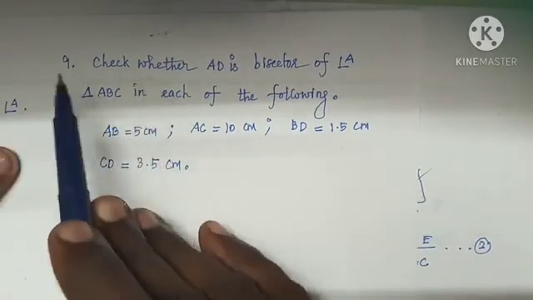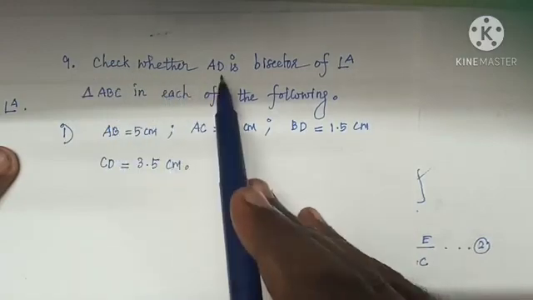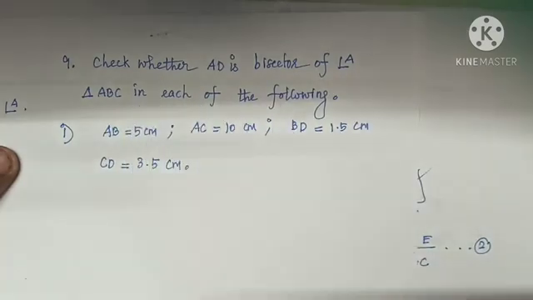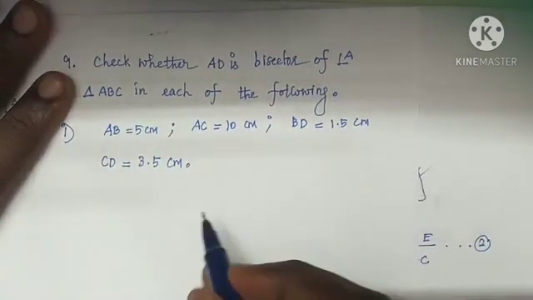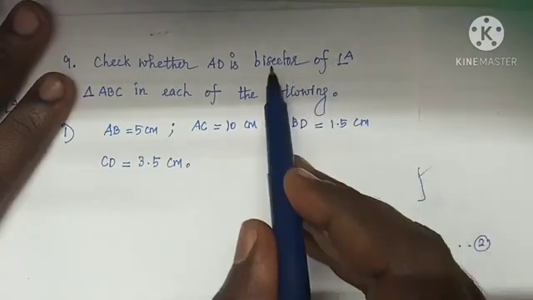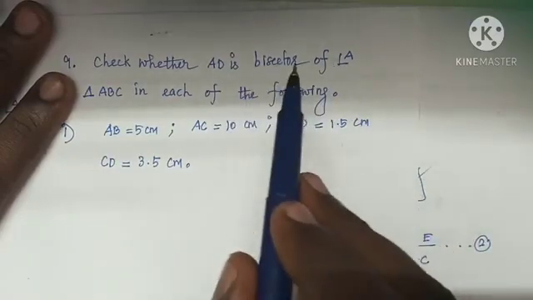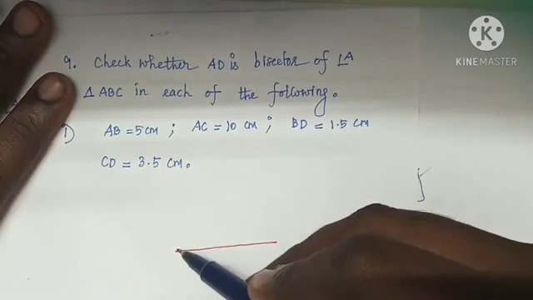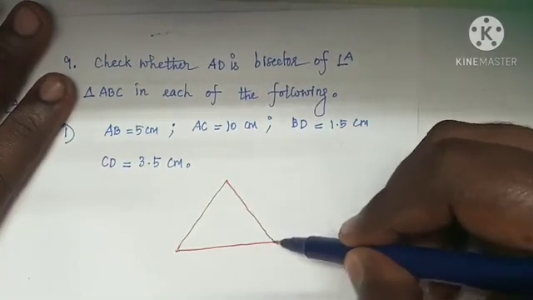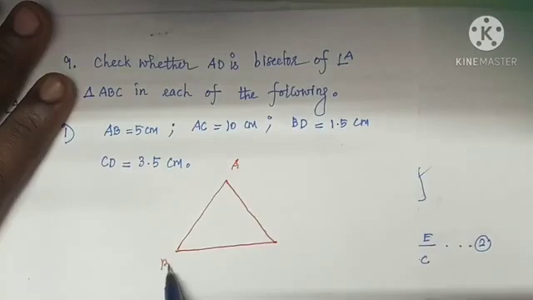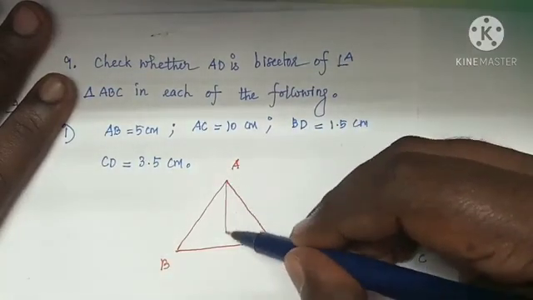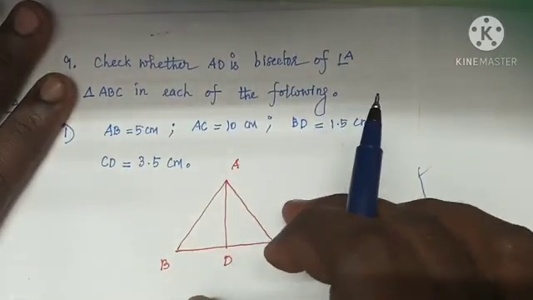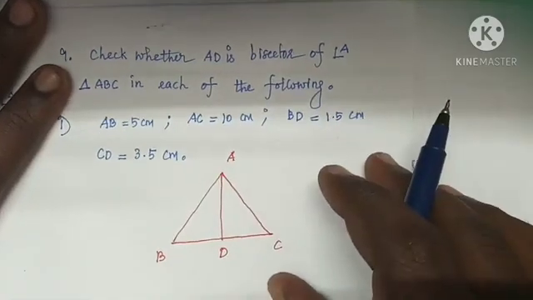Exercise 4.2, question number 9. The question is: check whether AD is the bisector of angle A of triangle ABC in each of the following. Okay, so if AD is the bisector in a triangle ABC, it means it satisfies the condition of the angle bisector theorem, ABT.